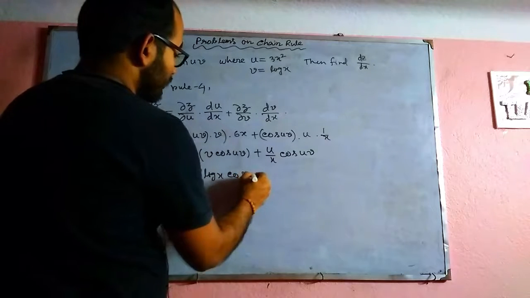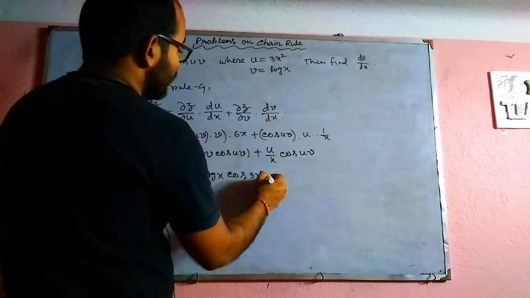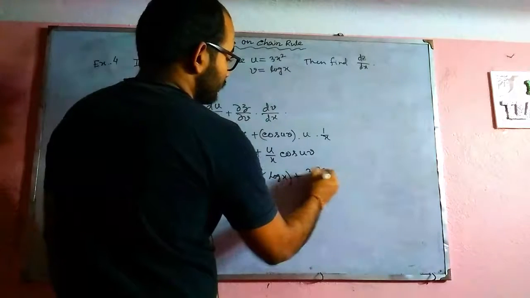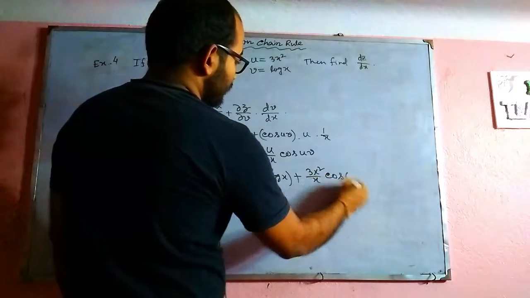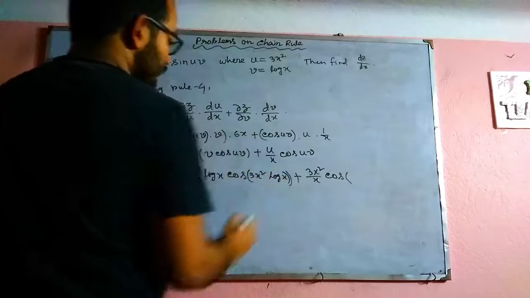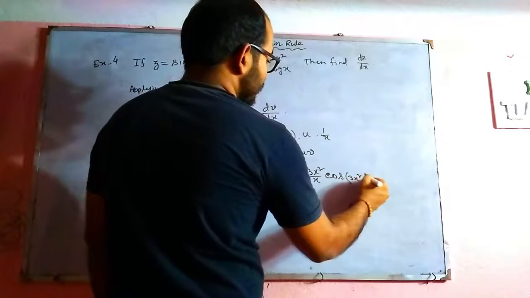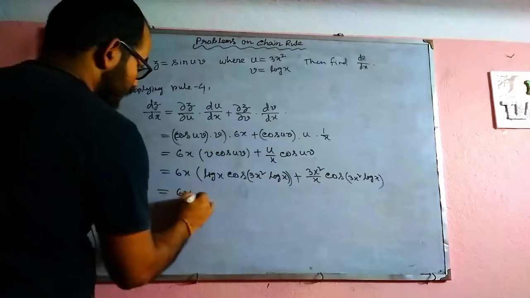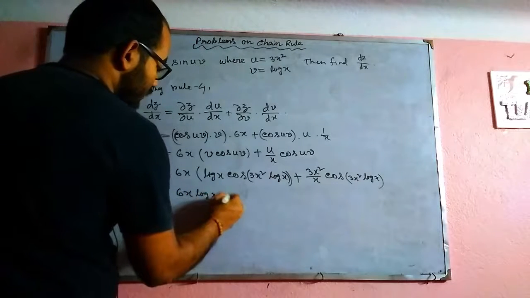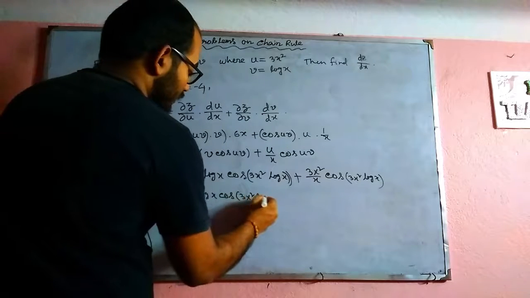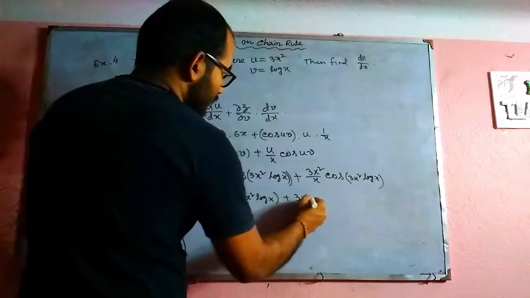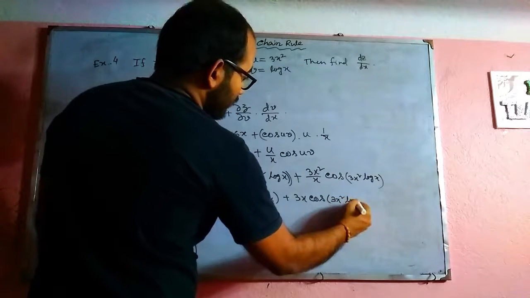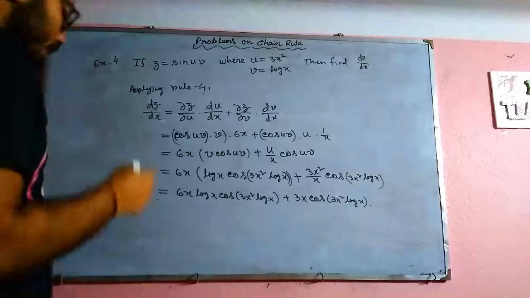Cos 3x square log x. So 6x log x cos of 3x square log x plus 3x square by x cos 3x square log x.